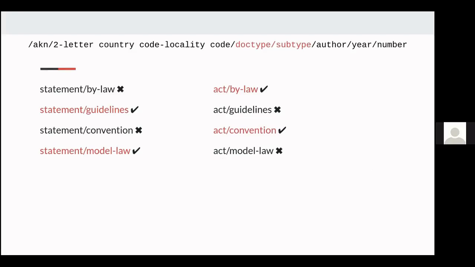So even if you could make a case that a specific document does in fact have the force of law, or doesn't in a weird edge case, we would still use the same doc type that is expected, so that we have that replicability, predictability that the naming convention relies on.